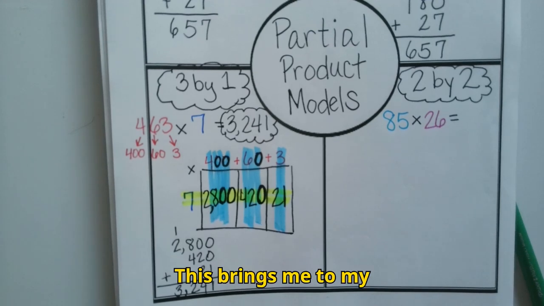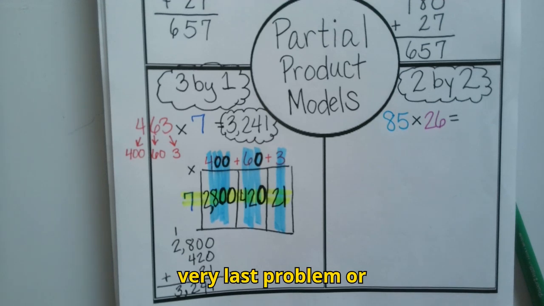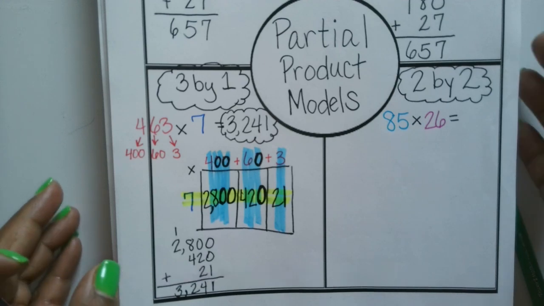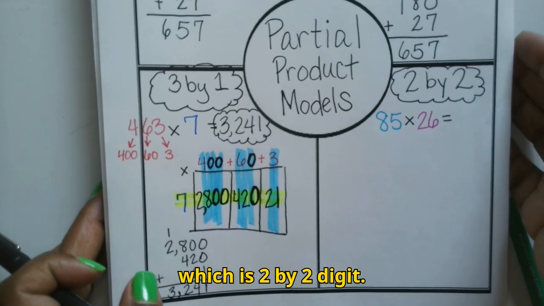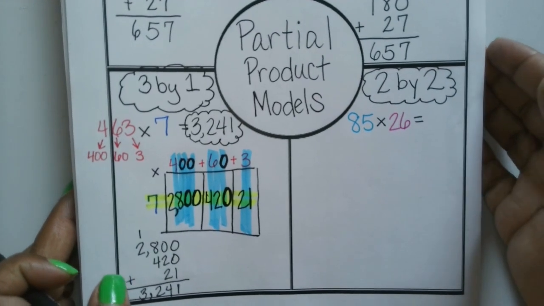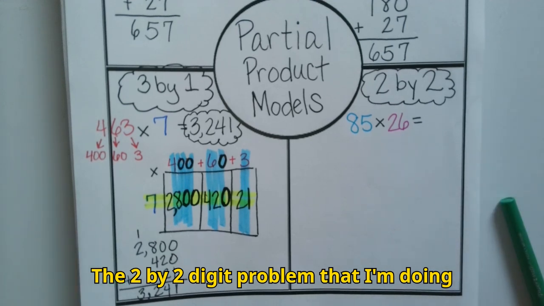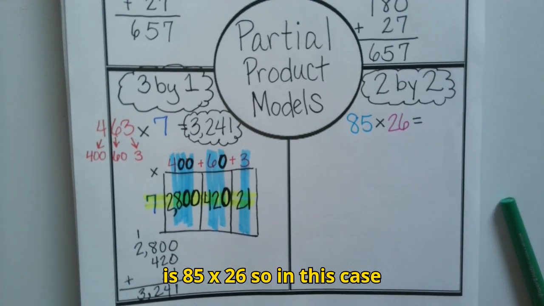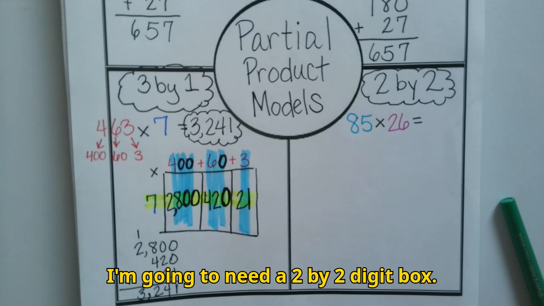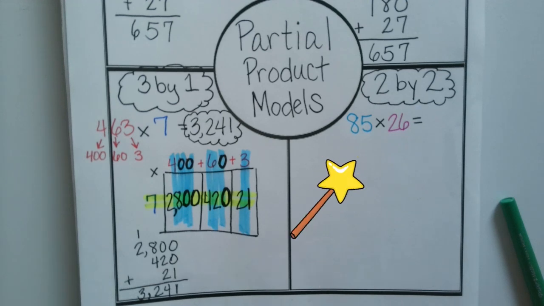This brings me to my very last problem or example that I'm going to show, which is 2 by 2 digit. The 2 by 2 digit problem that I'm doing is 85 times 26. So in this case, I'm going to need a 2 by 2 digit box.